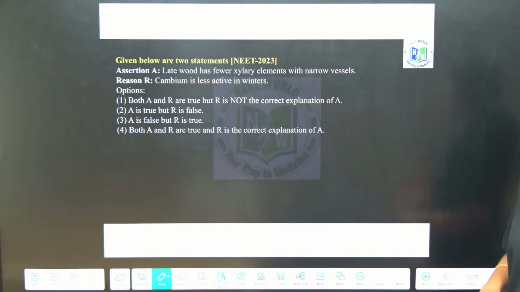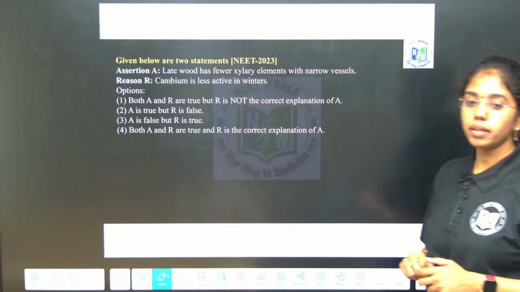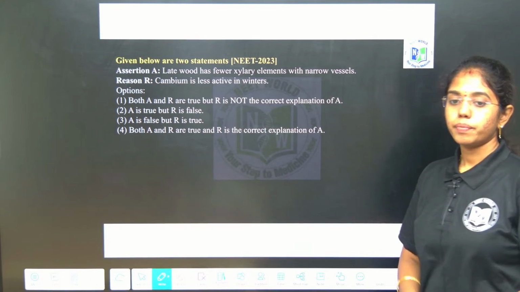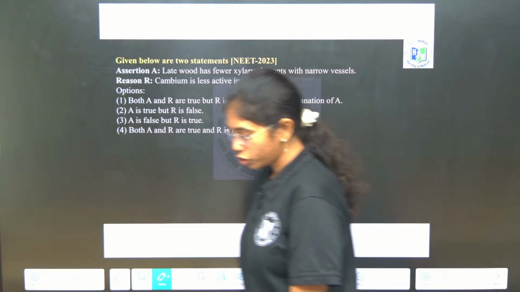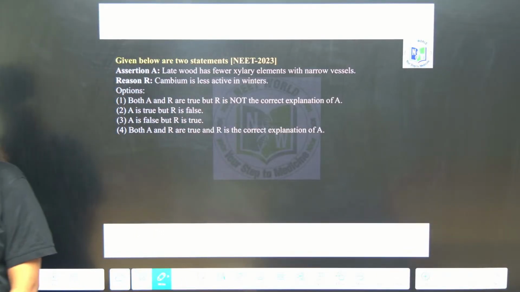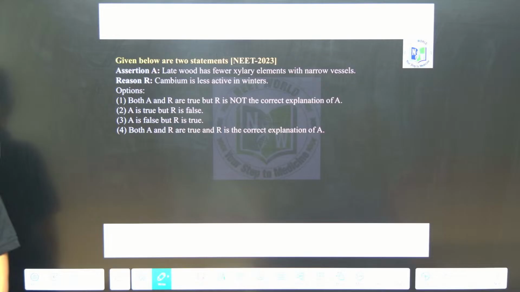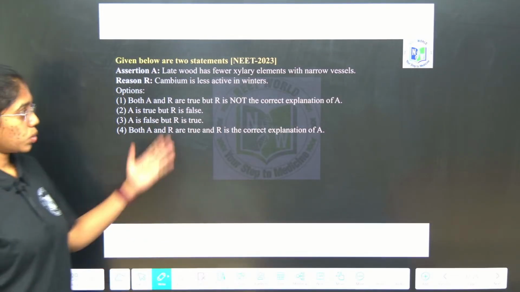Write down that statement and answer this question. Secondary growth occurs in dicots of angiosperms and gymnosperms. Now you look into this question, this one.